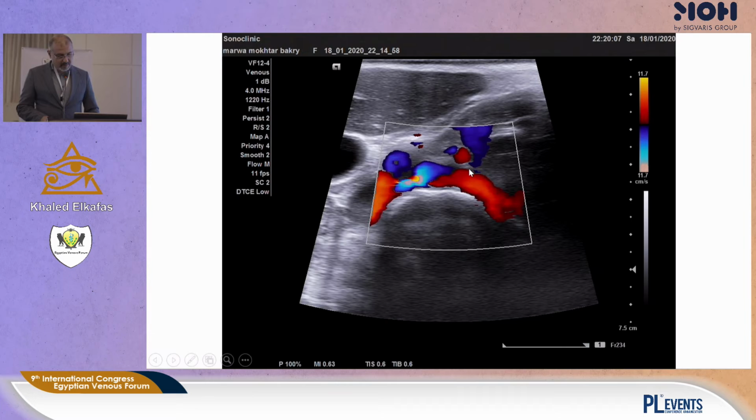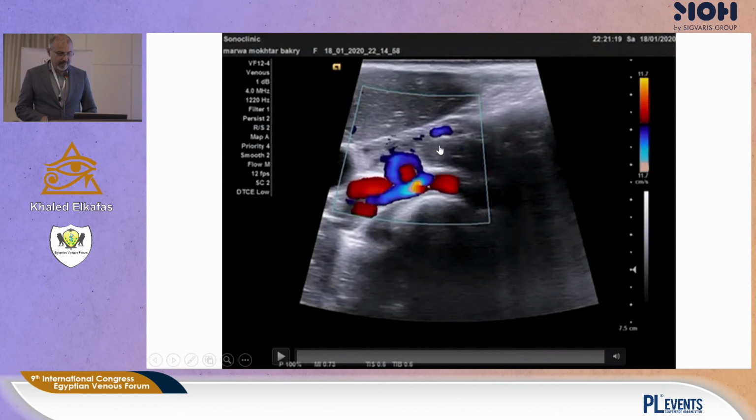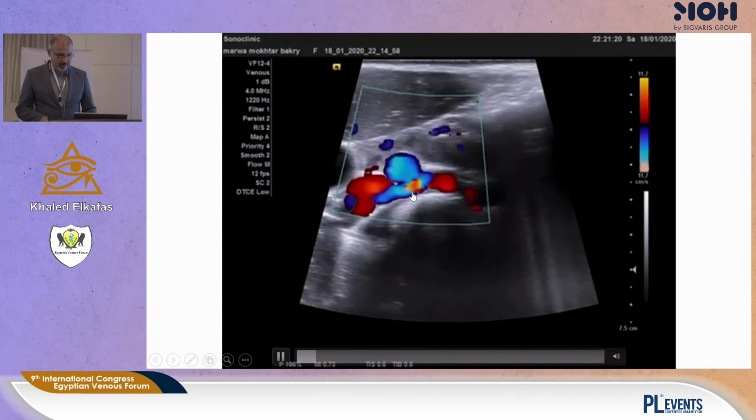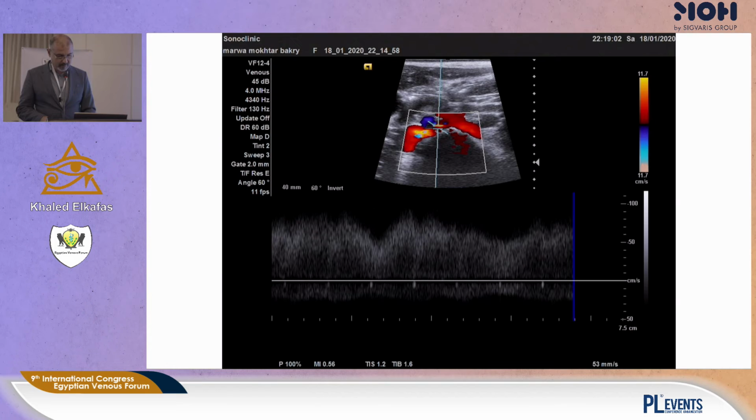In one of my cases, we can see here there is compression of the left iliac vein by the right common iliac artery. Here the aliasing or the jet flow due to this compression, and it's continuous. And when we do a spectral waveform, we can see a very high flow reaching 100 centimeters per second, denoting the presence of May-Turner syndrome.